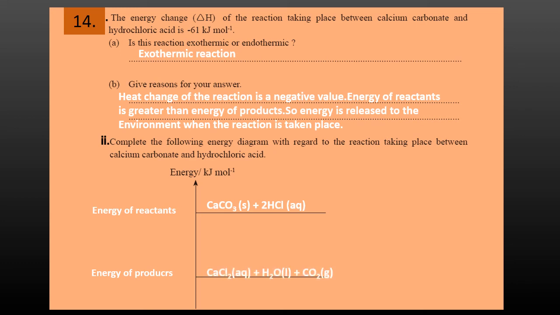Calcium chloride, water and carbon dioxide should be at the lower level. When the reaction takes place, calcium carbonate reacts with hydrochloric acid and forms calcium chloride, water and carbon dioxide. Delta H of the reaction is minus 61 kilojoules per mole. So this is the energy level diagram or enthalpy diagram.